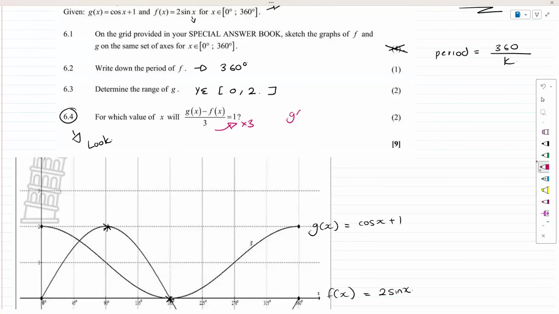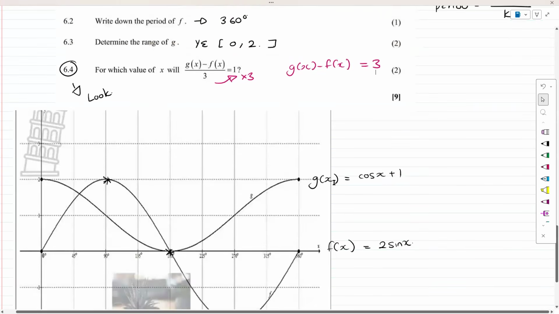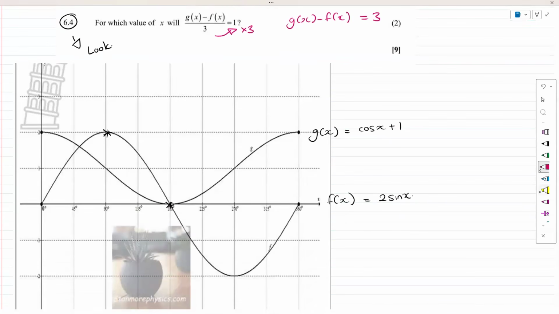So we end up with g of x minus f of x equals 3. Now let's look where we can take the g graph. Let me color it so maybe it would be easier for you guys to see, right? The yellow graph is the g graph. Now let's look where we can take the yellow graph minus the non-colored graph. Let's make it blue, right?